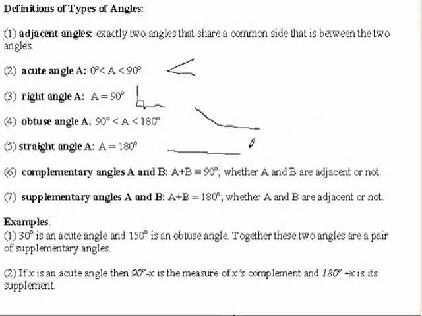a straight angle. Now, why do we bother to look at something like this and say it's an angle, because angle in our minds tends to look like something that has a corner.